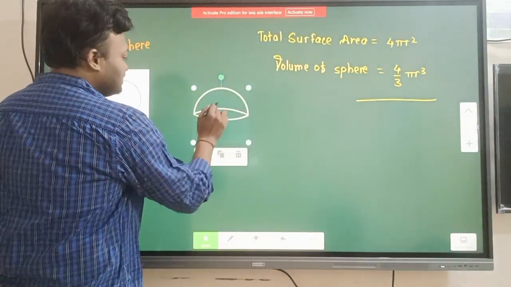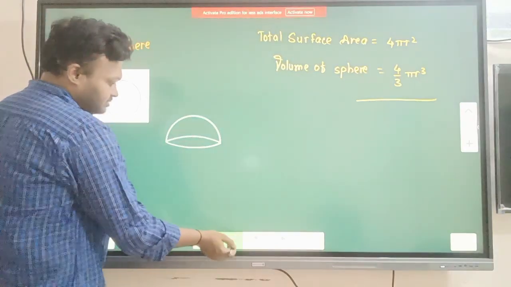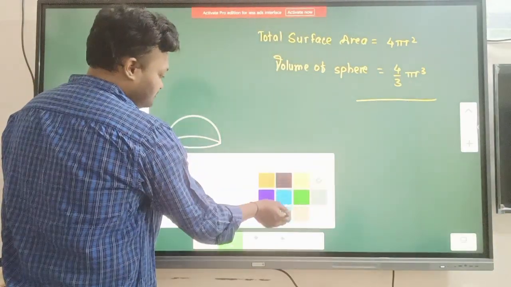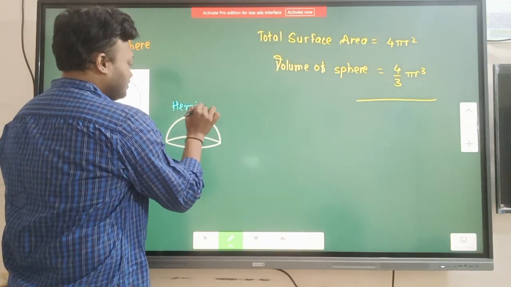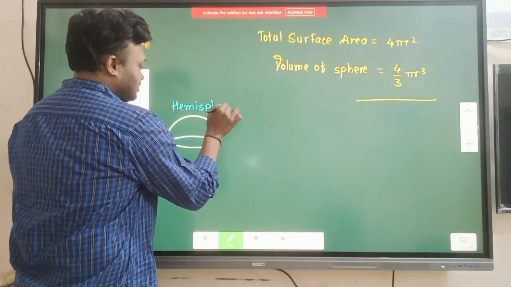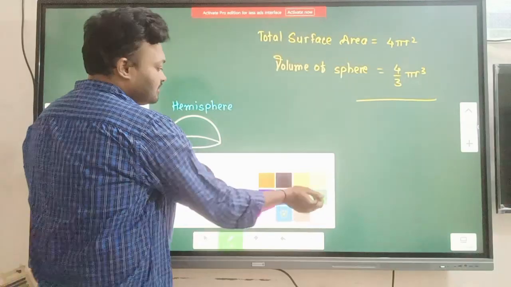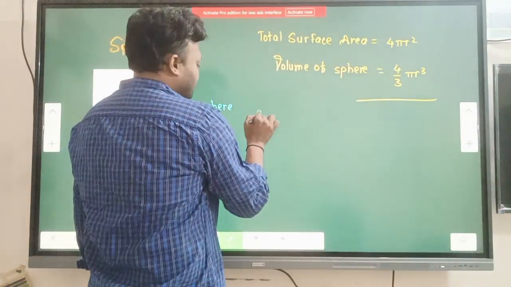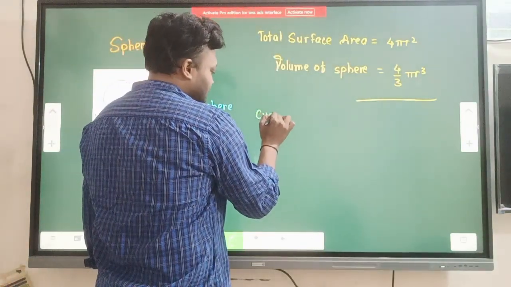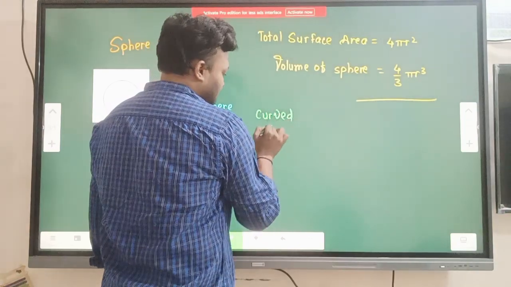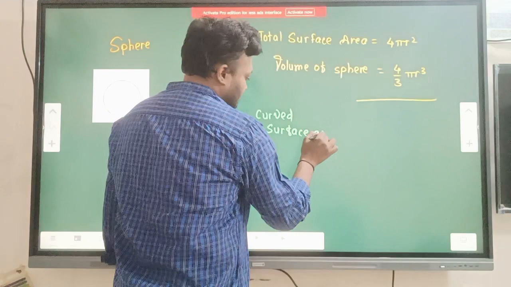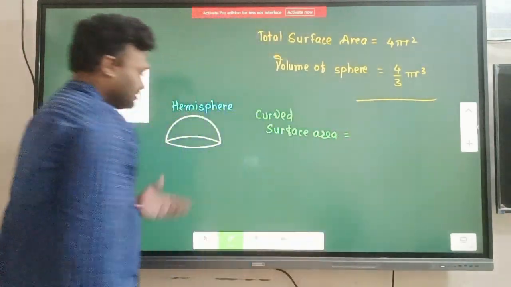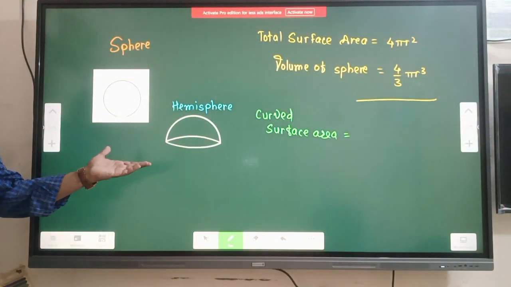What is this? This is a hemisphere. So for a hemisphere, we have a curved surface area, because now we get a bottom area here. That is why we will calculate the curved surface area.